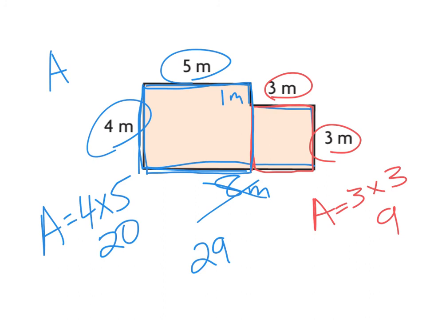In other words, in my mind, I'm thinking again what this really means. When I'm finding area, it's how many square units it takes to cover this shape. And it would take 29 square units, but it's meters. So I'm going to label it 29 meters squared.